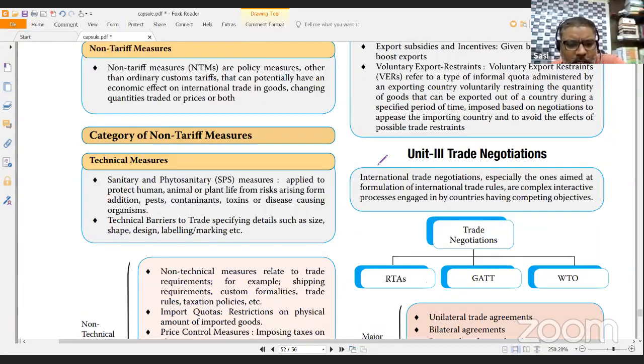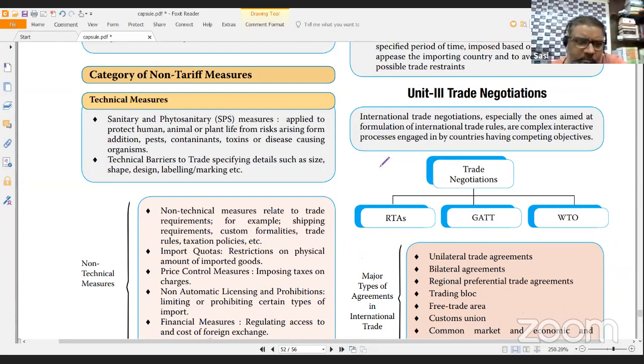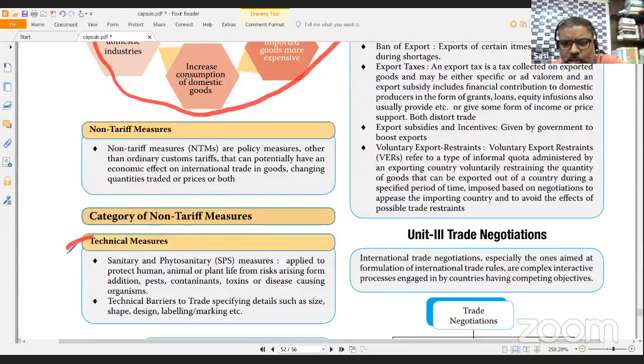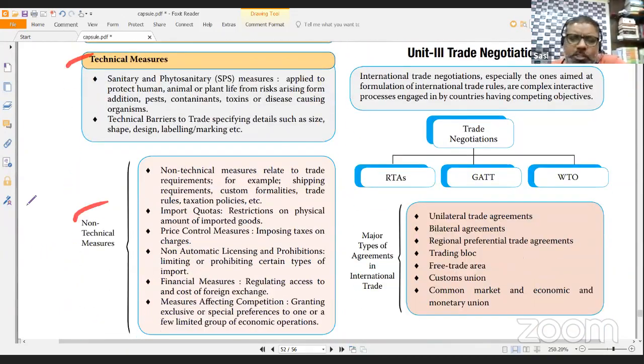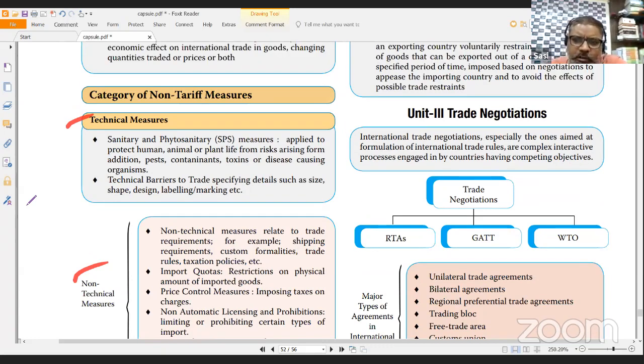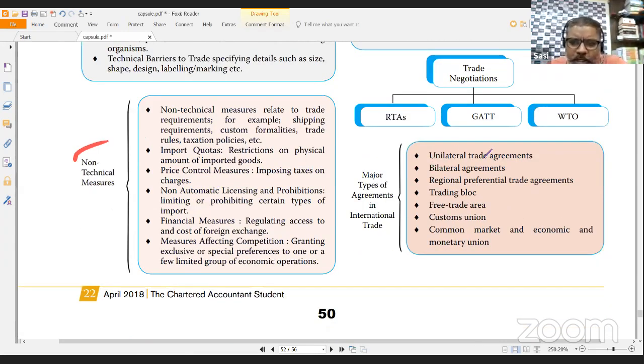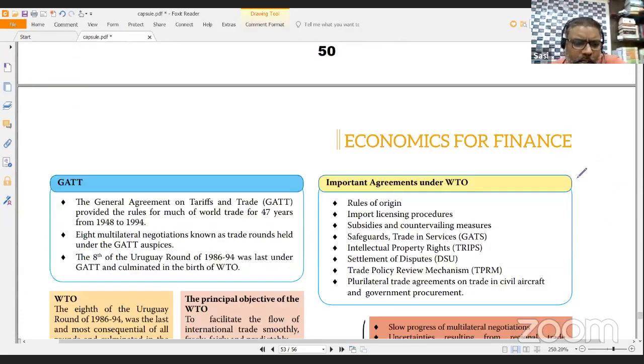And some other non-tariff measures will also happen, including technical as well as non-technical measures. These can generally be read and understood, nothing special. Actually, this entire chapter on international trade is itself a general chapter. Trade negotiations are all general knowledge, like a social studies paper: various things that already happened earlier, like GATT and WTO, what kinds of agreements happened, what GATT is.